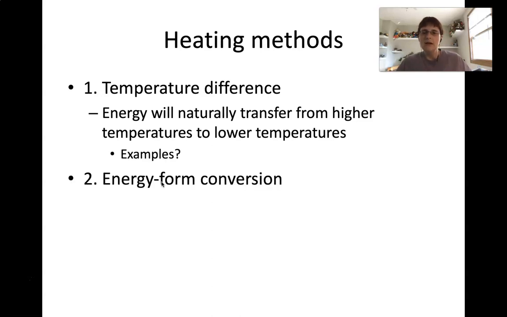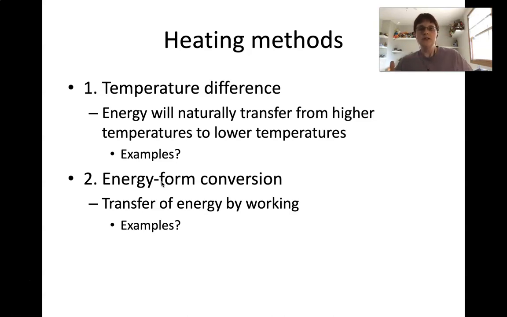All right. The other one is energy form conversion. And this one is one that we do a lot too. We just don't think about it. So this is transferring energy by working, so moving energy by doing work. What are some examples of this? Well, one you're probably using right now, you're just not thinking about it, and that is if you're on a laptop.